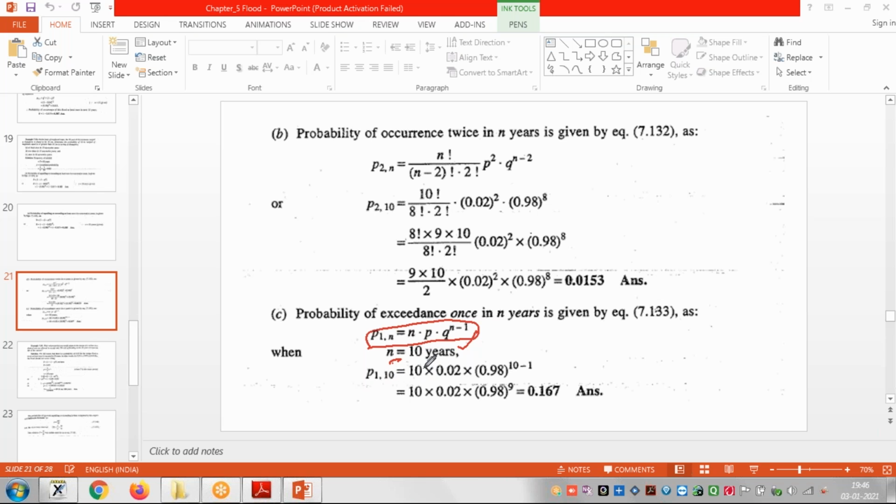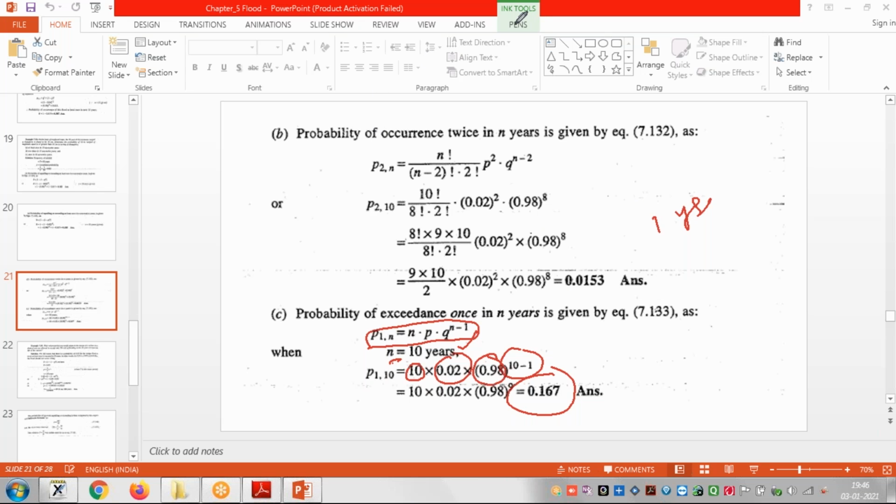Here n is 10, p is 0.02, q we know, and n minus 1 means 10 minus 1. So here we will get the probability of occurrence once in a year, which can be more than one in a year, in 10 years.